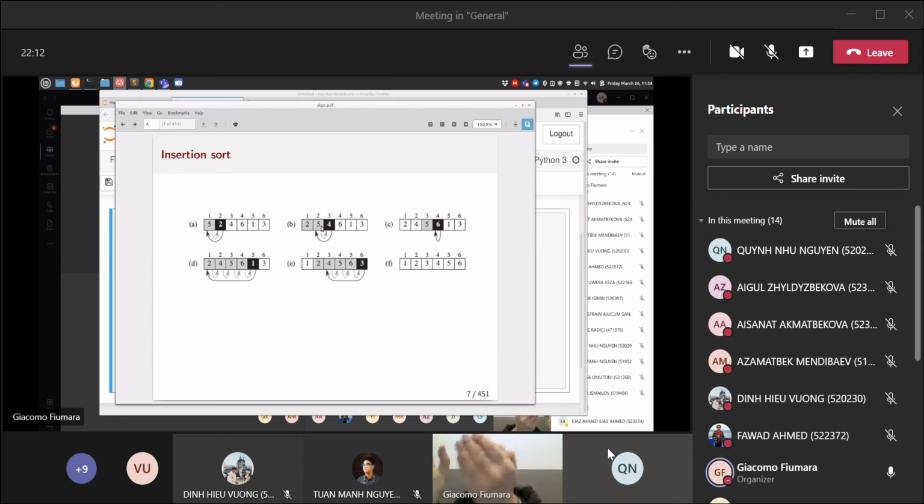If it happens that the number in position 3 is smaller than the number in position 1, we swap them. In this case, 4 is not smaller than the number in position 1, so no swap takes place, but it's smaller than the number in position 2, and therefore we must change them. Is it clear up to now?